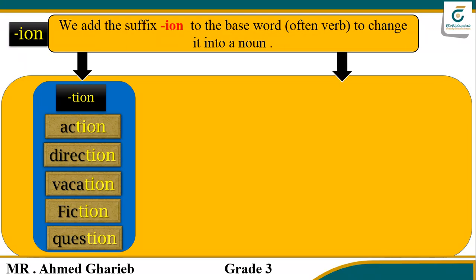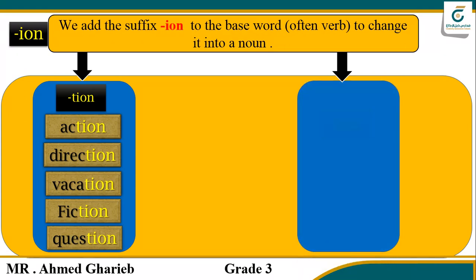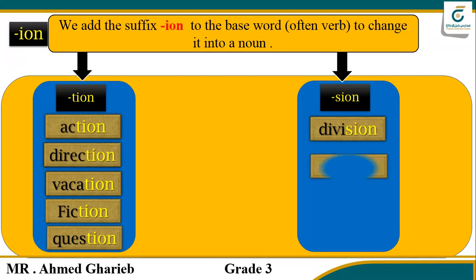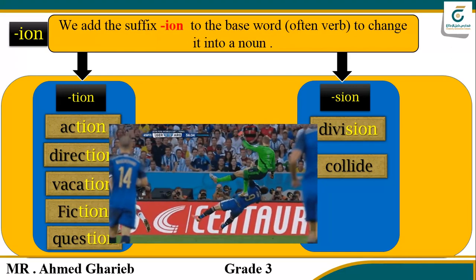Alright, the second one is sion making the sound zhn, like the verb divide. When we add ion, it becomes division. Collide. What is the meaning of collide? Collide means, look at this picture.